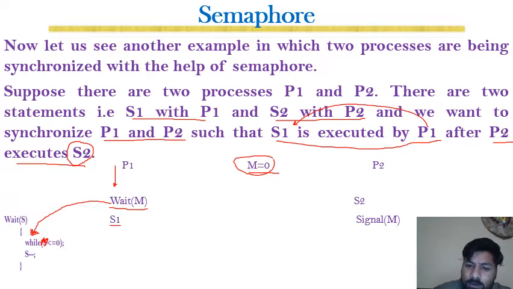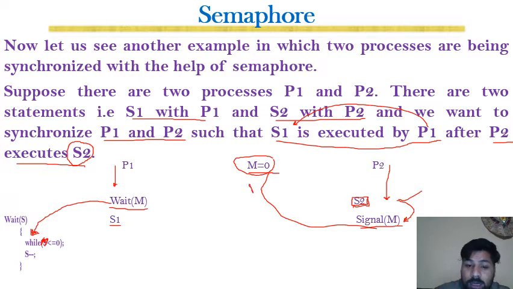But in the meantime, suppose P2 wants to run this code. First it will run S2 without any condition, without any trap, without any condition to meet. So S2 will be run. Once S2 is completed, it will run the signal function, which does nothing but increment the value of m, and now its value becomes 1.